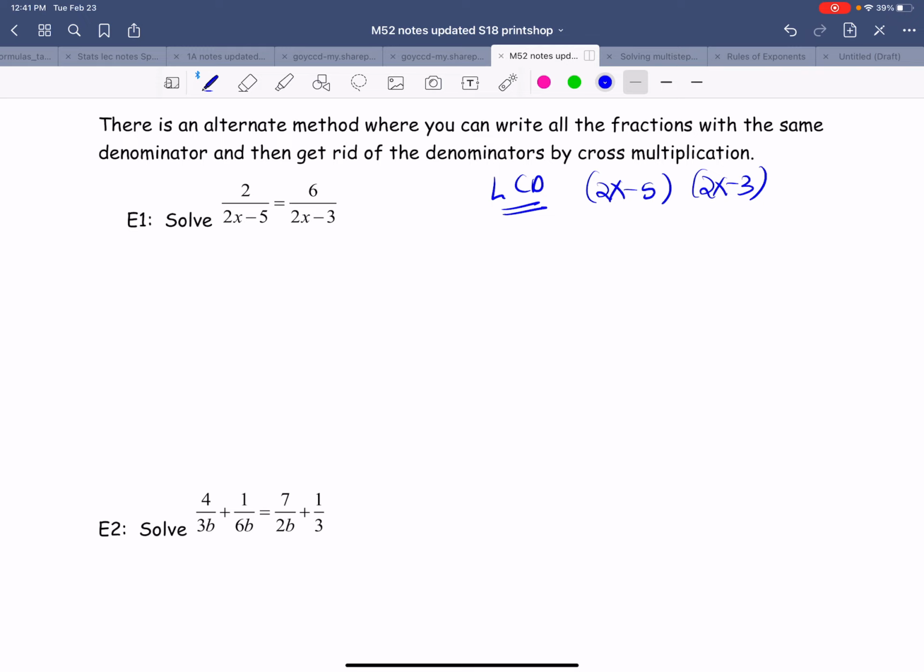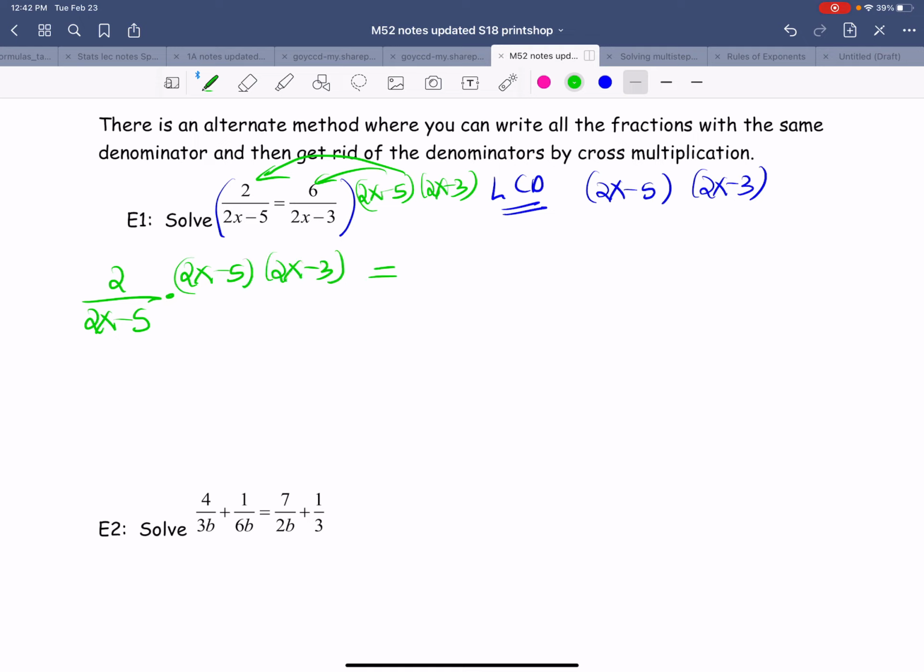So after we find the LCD, I'm going to multiply both sides with the LCD, which is 2x minus 5 times 2x minus 3. Now we're going to be distributing this into both sides of the equation. So 2 over 2x minus 5 times 2x minus 5 times 2x minus 3 equals 6 over 2x minus 3 times 2x minus 3 times 2x minus 5.